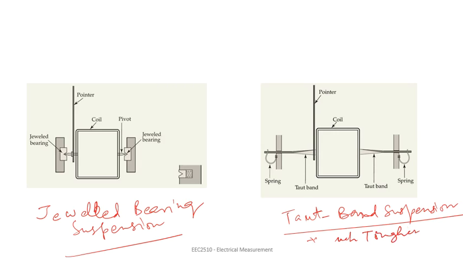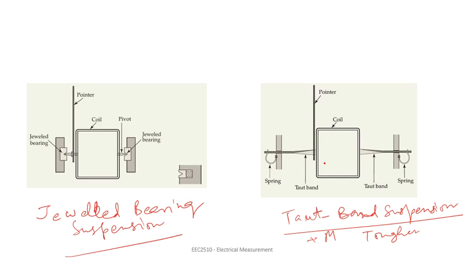In this taut band type of suspension, two flat metal ribbons, which are generally of phosphor bronze, are held under tension by the springs to support the coil. Because of the springs, the metal ribbon behaves like rubber under the tension. So the ribbons also exert a controlling force as they twist, and they can be used as electrical connections to the moving coil.